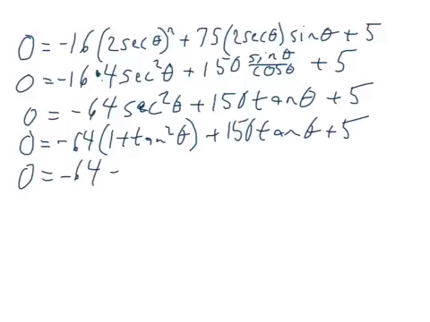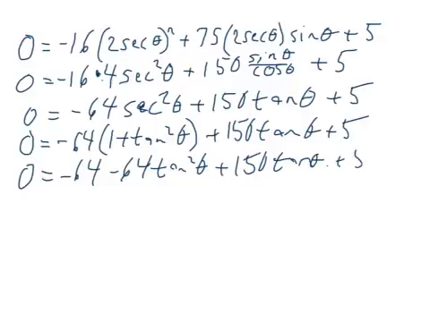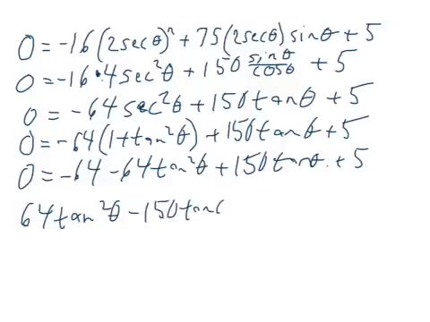And then we can distribute. I'm sure you could do the rest of this probably. I'm going to do a little cleanup here and move everything to the right side to get a positive leading coefficient. I just like that kind of thing. Minus 150 tangent theta, and it's going to be plus 59.